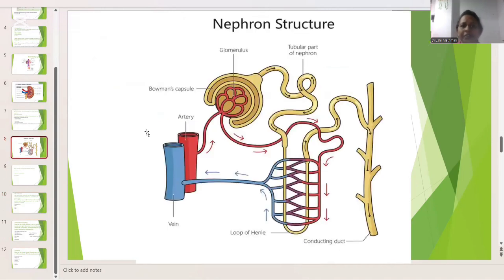When we go to this picture, you can see the artery divides into branches and supplies blood to this part of the kidney. The arteriole that supplies blood to the glomerulus is called the afferent arteriole, and the arteriole that takes blood away from the glomerulus is called the efferent arteriole.